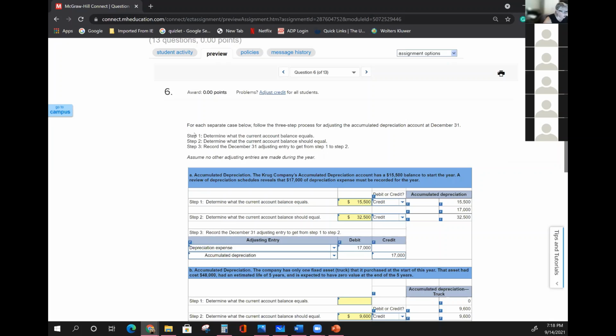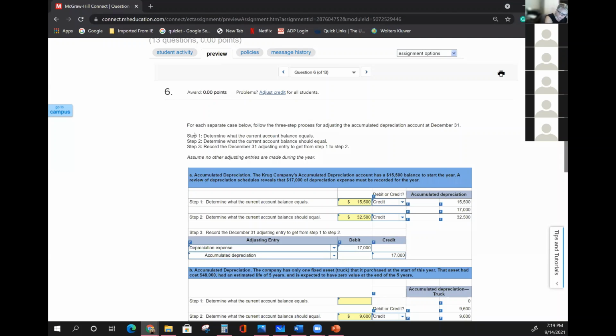It says the Krug Company's accumulated depreciation account has a $15,500 balance to start the year. Now it's telling me that this is not the asset account of the equipment or whatever it is. It's saying that it is the accumulated depreciation. So immediately when you see that, you know that this has been already adjusted to decrease my asset because it's sitting in accumulated depreciation.